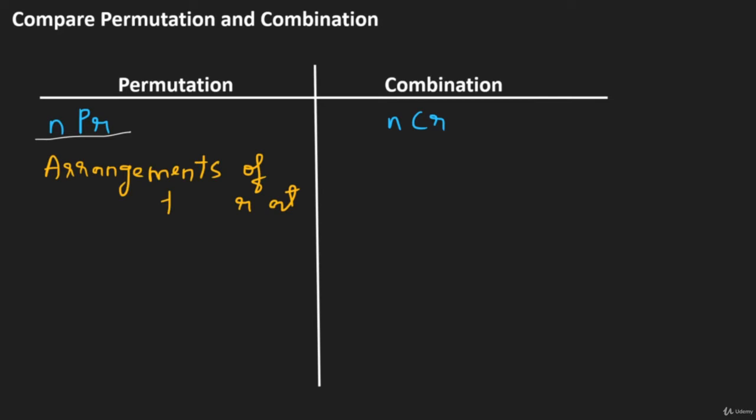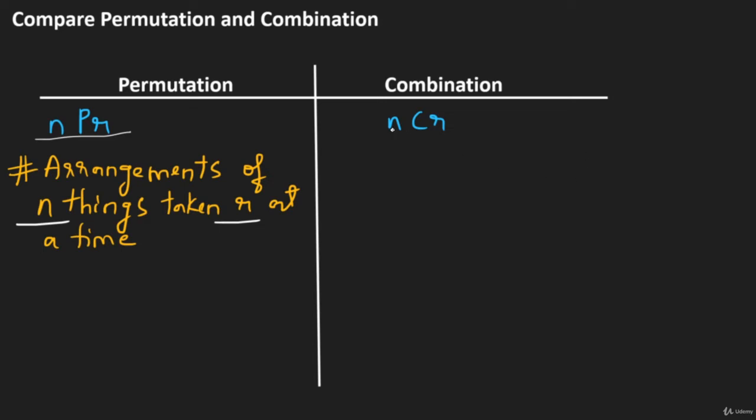It's the number of arrangements of n things taken R at a time, right? Or it means the number of ways in which you can take R things from n and arrange the R things among themselves. What's the example that we have seen? We have seen the number of ways in which we can take two friends from three friends and arrange them in the position of captain and vice captain.